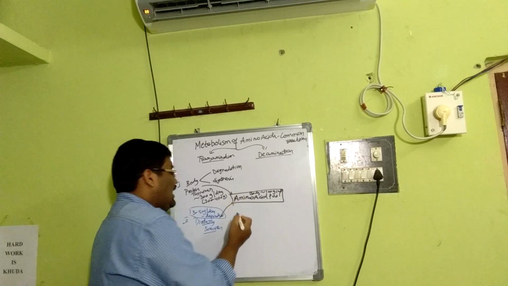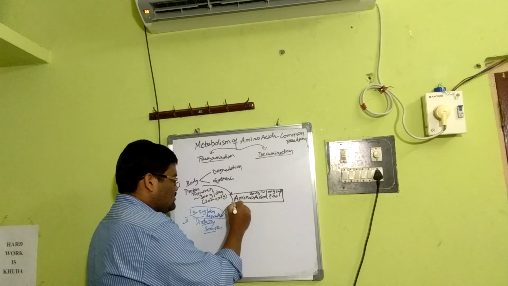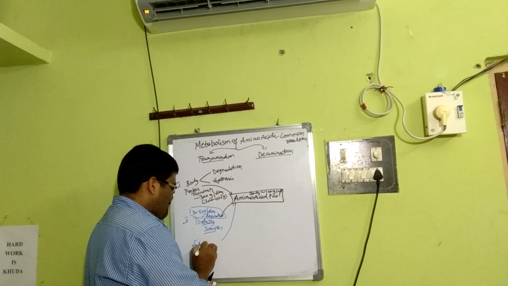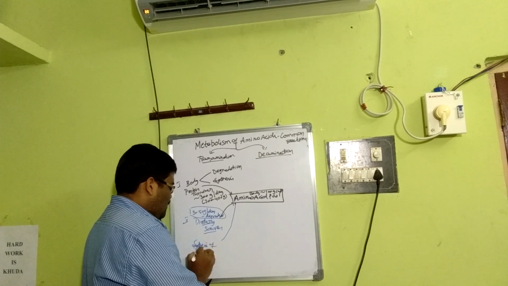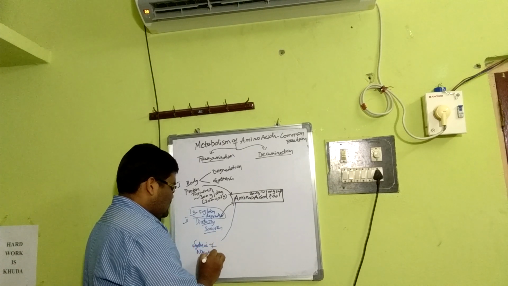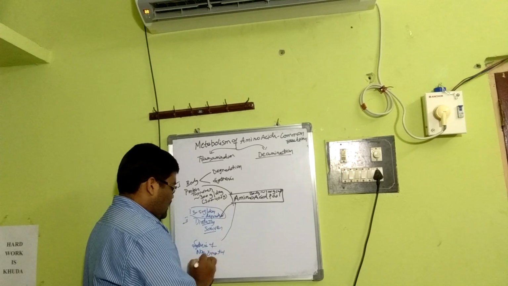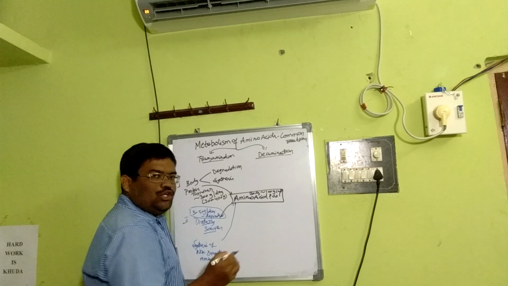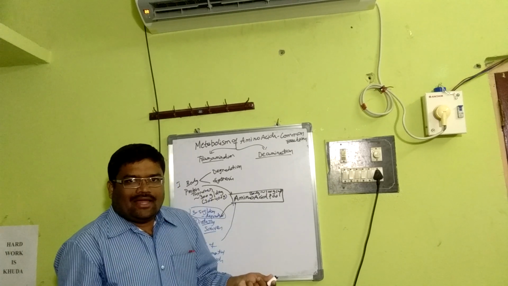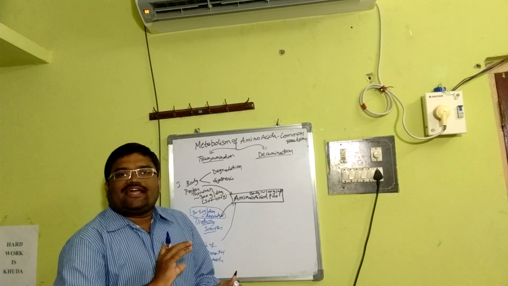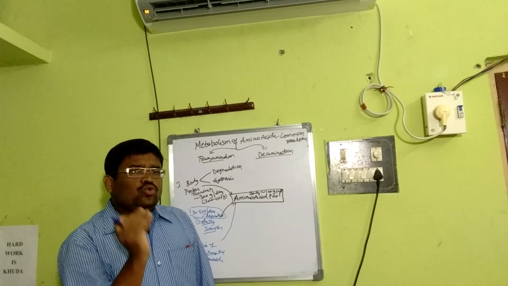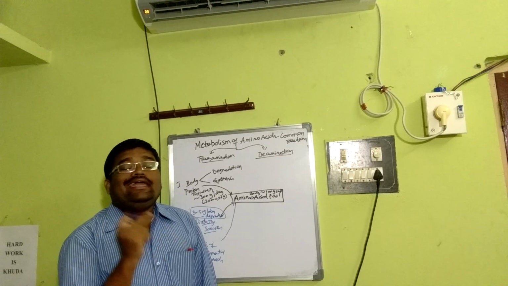The third source is synthesis of non-essential amino acids. We know that we have 20 amino acids recognized by the genetic code: 10 are non-essential, 2 are semi-essential, and 8 are essential.